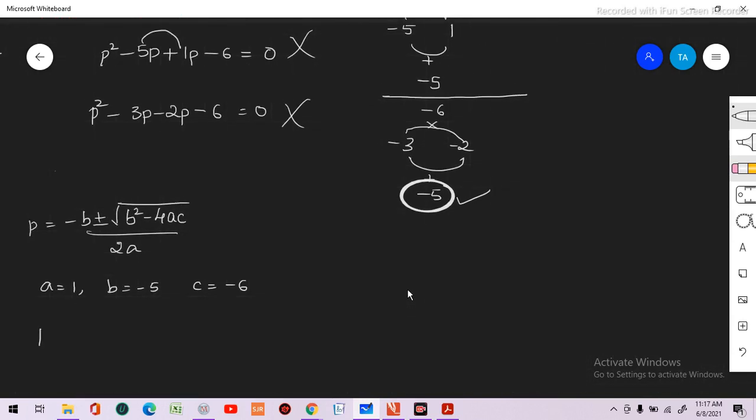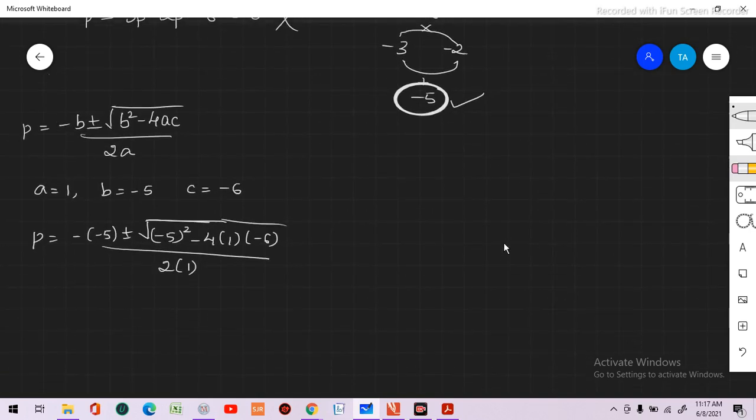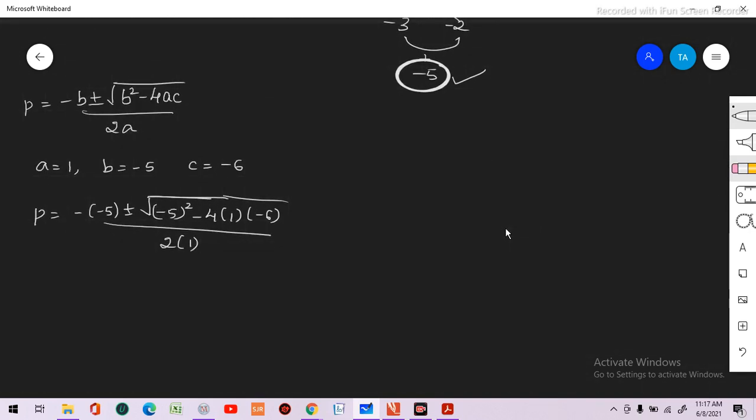So p is equal to minus of minus 5 plus or minus square root of, minus 5 whole square minus 4 into 1 into minus 6, divided by 2a. A is 1. So how much do we get? This is equal to minus of minus, plus 5 plus or minus square root of how much is this?